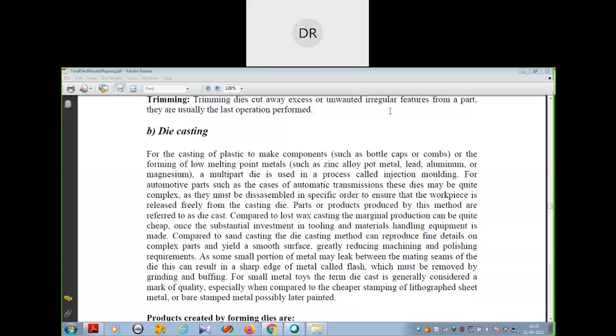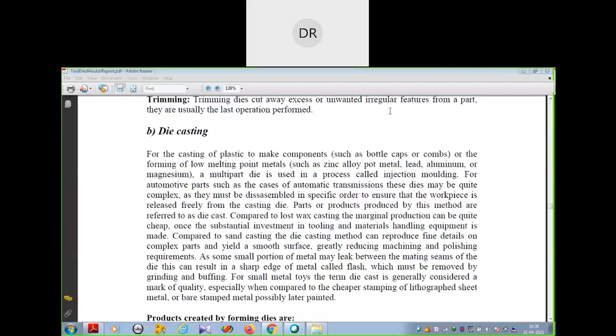In this process, some metal may leak between the mating parts or mating seams of the die, which can result in sharp edges of metal, also called flash. It can be removed by grinding and buffing. For production of metal toys, the term die cast is generally considered a mark of quality, especially when compared to stamping of lithographed sheet metal or bare stamped metal, possibly later painted.